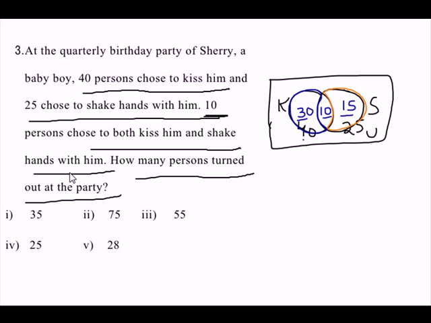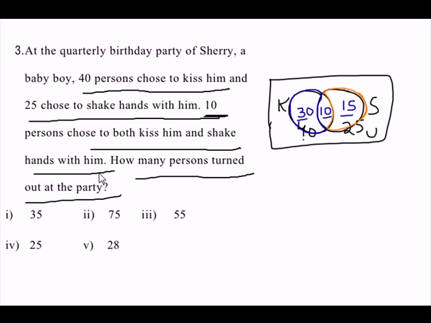So just to draw the diagram, the blue figure represents the 30 people who only kissed him and did not shake hands with him. The other figure here represents 15 people who only shook hands with him and did not kiss him, and the shape in the center represents people who did both.